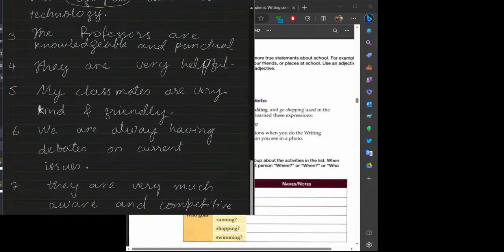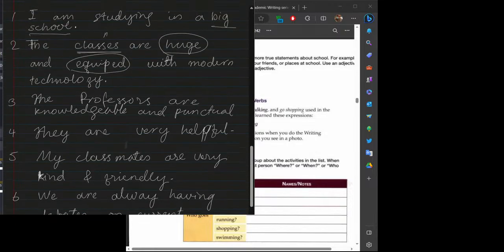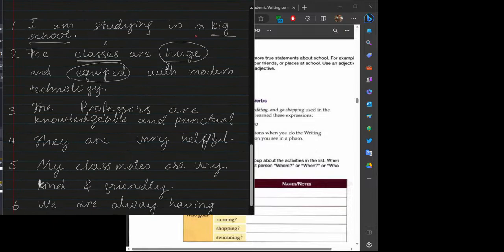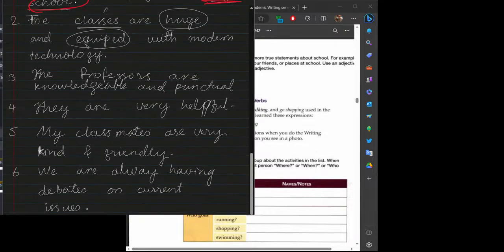Okay. So let's circle the noun and underline the adjective. So classes, noun, huge, underline, equipped, underline.